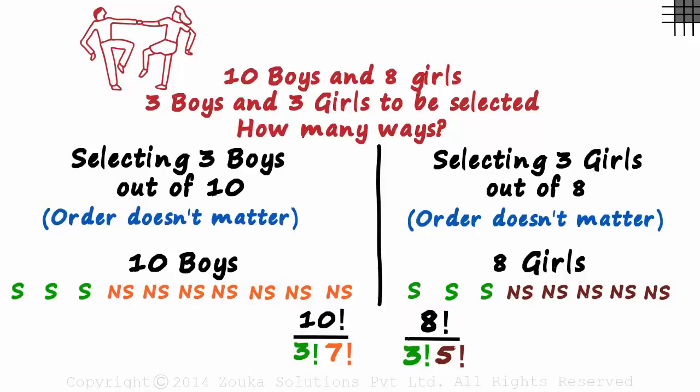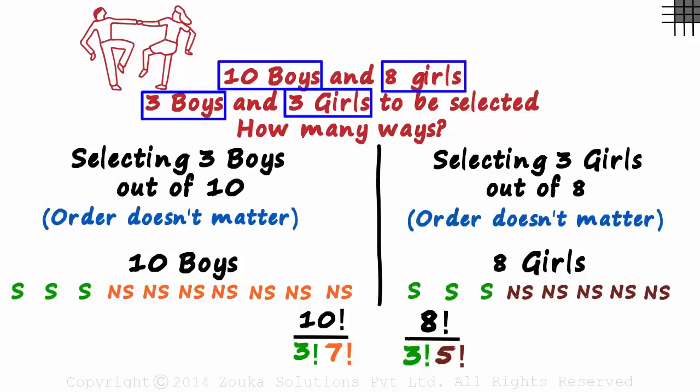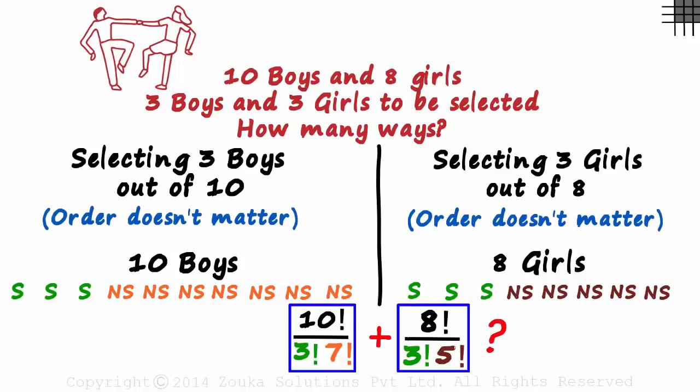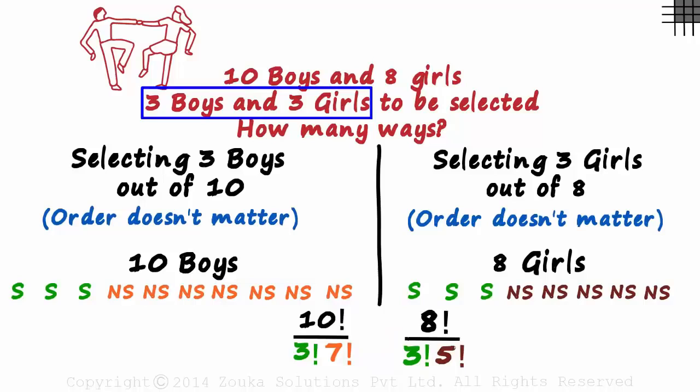But wait, we have the answers for each of these 2 cases, boys and girls. What's the answer to the question? The question asks us to find the number of ways in which we can select 3 boys and 3 girls out of 10 boys and 8 girls. So do we add these two or multiply them? The question gives us the answer, 3 boys and 3 girls.